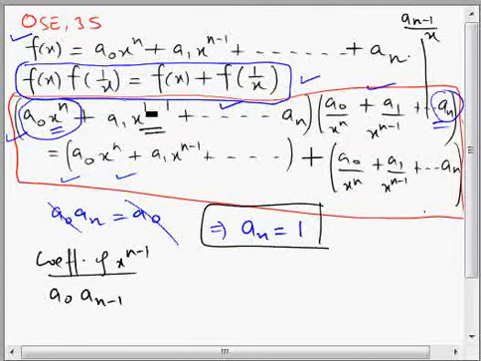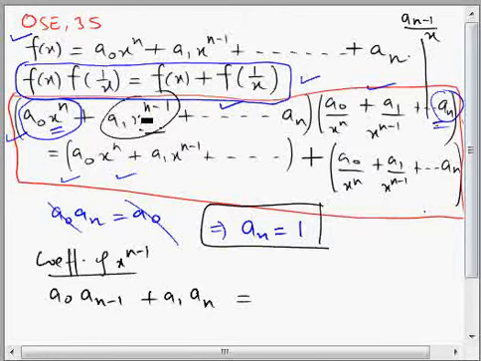Another option is when I multiply this second term with a constant term, that is a1 an. That's all, only two ways: the nth degree term with the 1 by x term, and the x to the power n minus 1 term with the constant term. On this side, this is the x to the power n minus 1 term, a1.